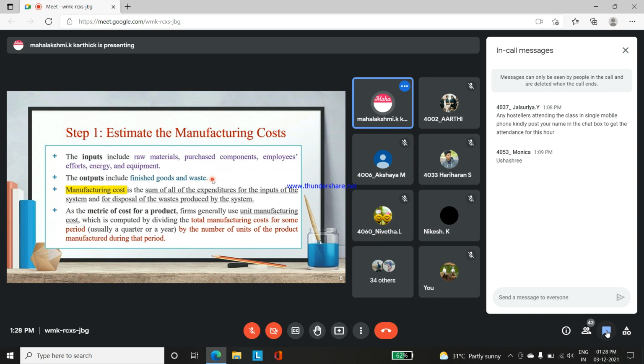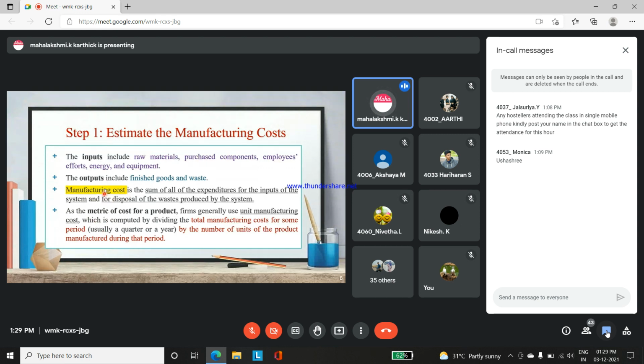Obviously there will be wastage when you produce any product. That also should be taken into account. So the total manufacturing cost is nothing but the sum of all the expenditures you have spent, mentioned here as the input of a system, and for disposal of the waste produced by the system. From the total information about input and output mentioned here, you can calculate the manufacturing cost.